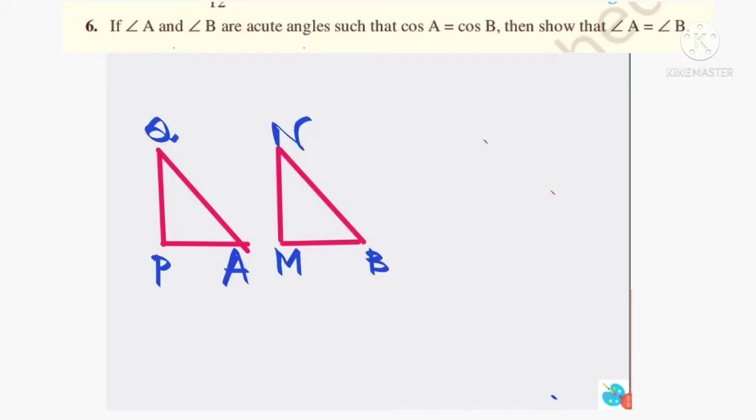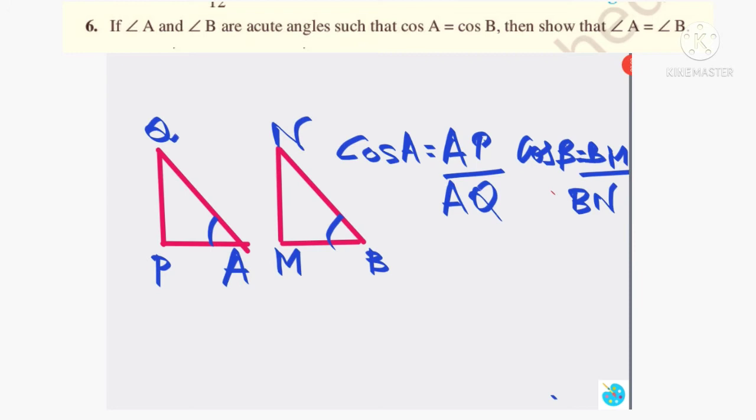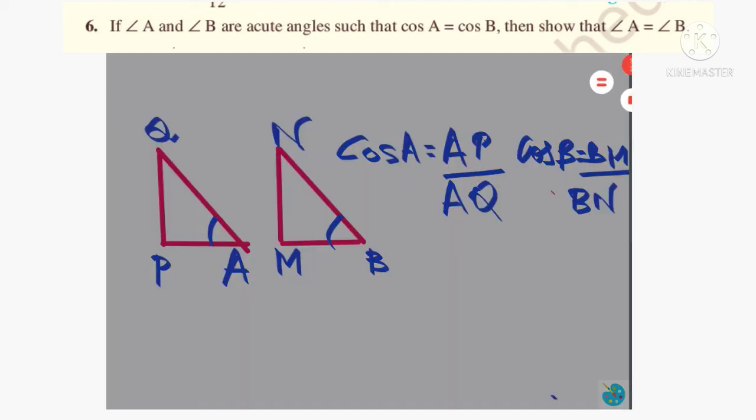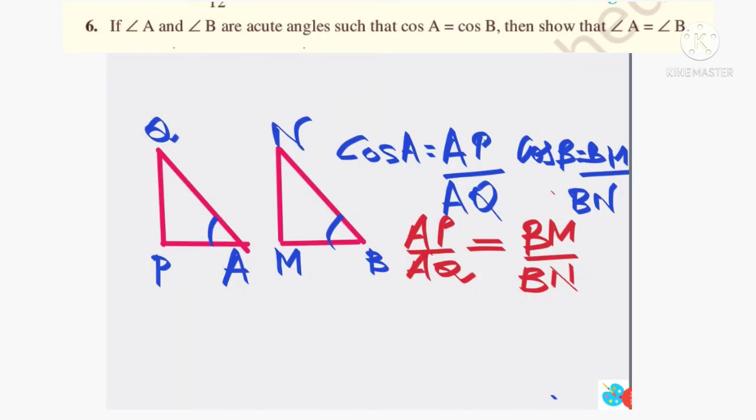Now it says cos A is equal to cos B. So let us write down their values. Cos A is AP upon AQ, base upon hypotenuse, and cos B is BM upon BN, that is base upon hypotenuse. Now we are given cos A is equal to cos B. So I get AP upon AQ is equal to BM upon BN.